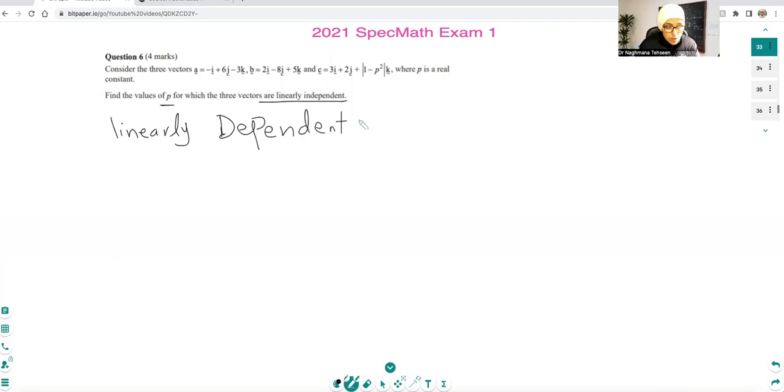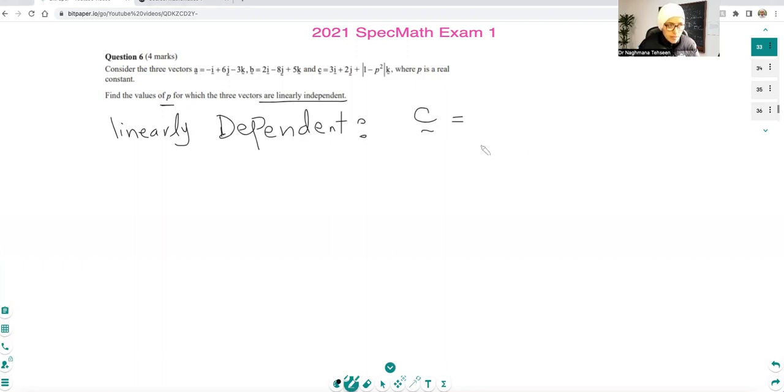So let's say we have a C vector, which could be written as, or one of them is written as, a linear combination of the other 2 vectors. So we see if we can write that as a linear combination, because we're working out what value of P will give us that.